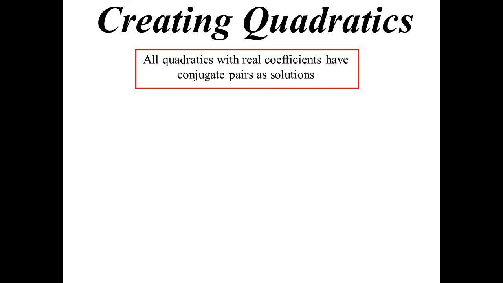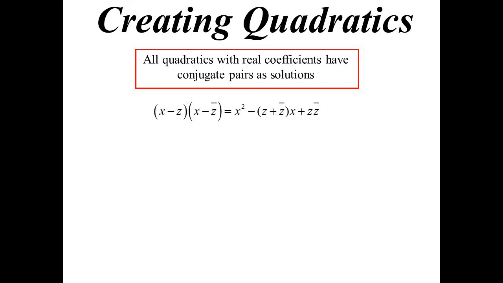What about creating quadratics? That becomes really important. All quadratics that have real coefficients: if all the coefficients are real numbers, then the solutions will appear in conjugate pairs, unless, of course, they're real numbers. So if we're talking about complex numbers or imaginary numbers, then we know they're going to be in conjugate pairs. So what that means is, if it does factorise down to complex numbers, x minus z, x minus z conjugate will be the factorisation.